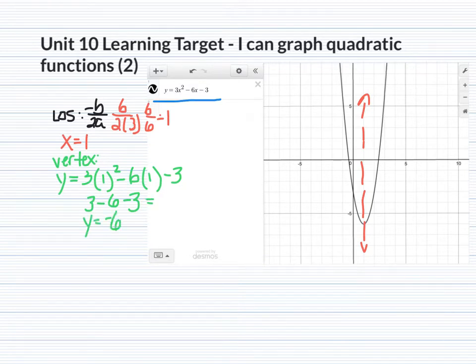Looking over here, there's the vertex: 1 comma negative 6. I'm glad that checks out.